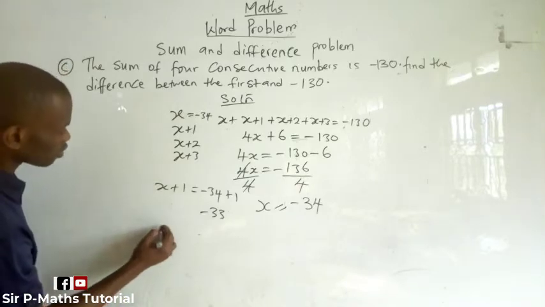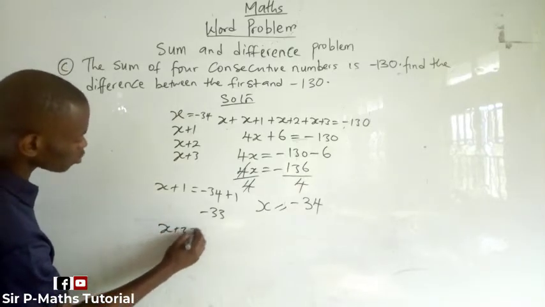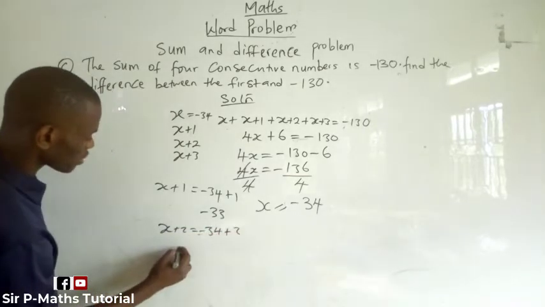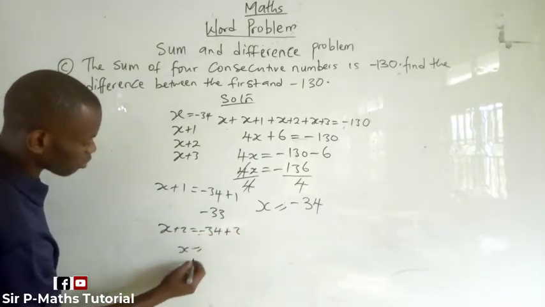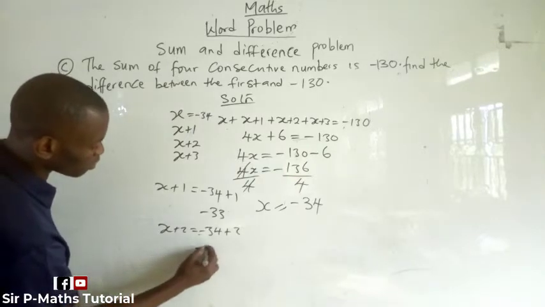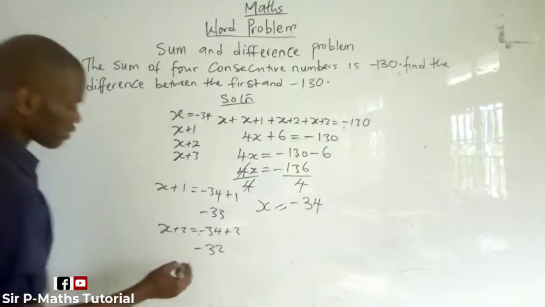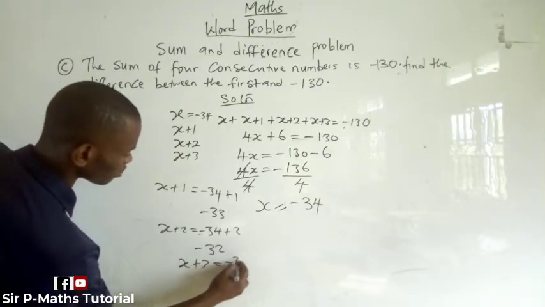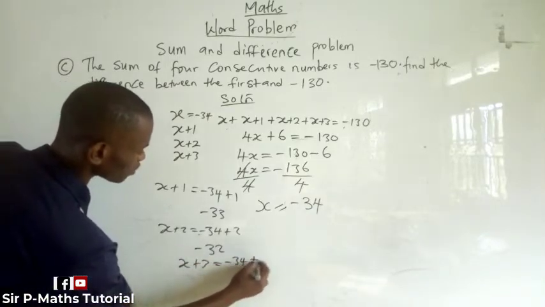For the third one, I have x plus 2, which is minus 34 plus 2. This gives me that the third value becomes minus 32. Then for the last value, which is adding 3, I'll say minus 34 plus 3.